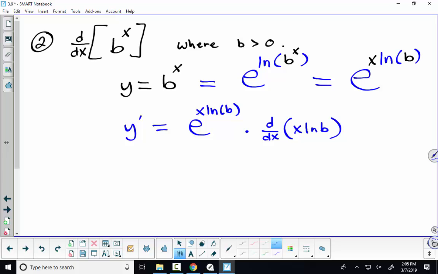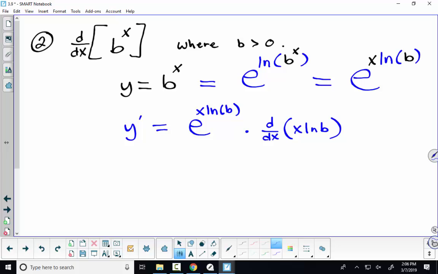What kind of thing is b? It's a constant. So what's the derivative of x times a constant? What's the derivative of 37.2 times x? What's the derivative of 2x? 2. What's the derivative of 12x? 12.